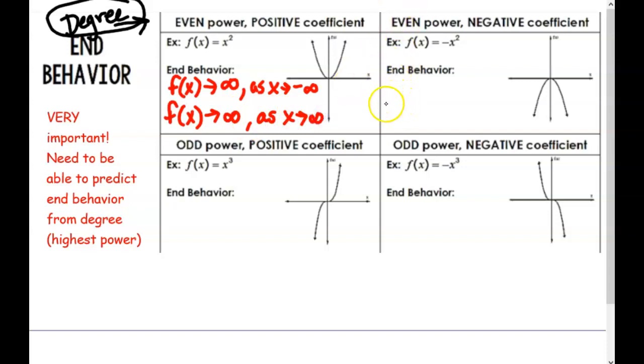Anybody tell me the next one? F of x goes towards what? Okay, both of our y's, or f of x's, are going towards negative infinity. They're both going down. And then we say as x goes left or right.